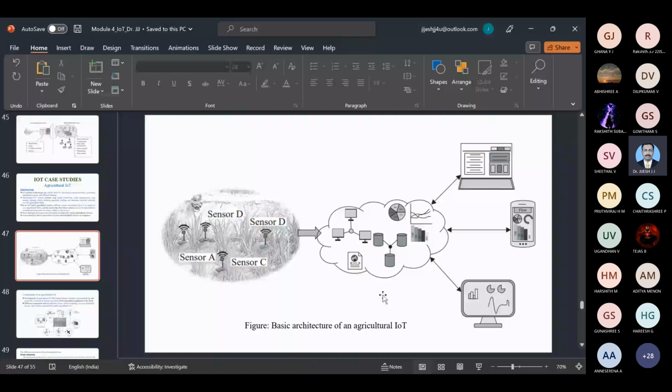Like last time, we took an example of Prem doing something with his land. Similarly, you can plan according to your requirement. Then, whatever information you collect from these sensors, analysis of the information plays a major role. If you collect some information and just leave it like that, it's of no use.